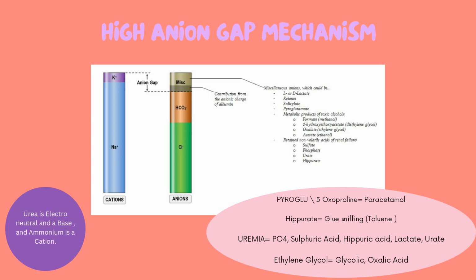Into that category comes acetaminophen, that's paracetamol, acetylsalicylic acid, toluene glue sniffing, then we've got ethylene glycol and methanol toxicity. Thus, we have 5 physiological processes that have become abnormal and then 5 external toxic products.